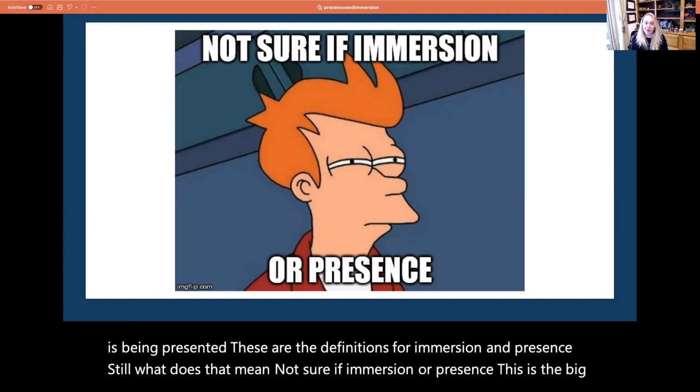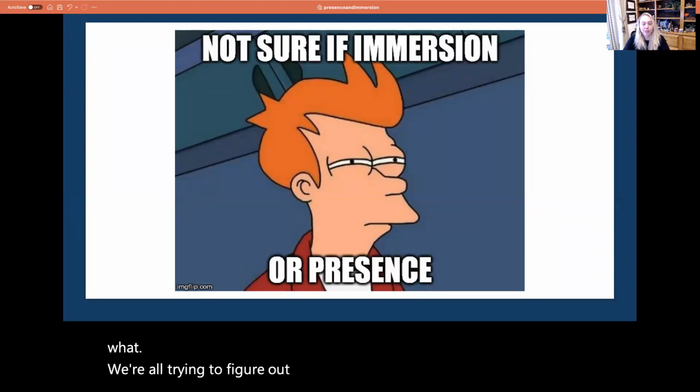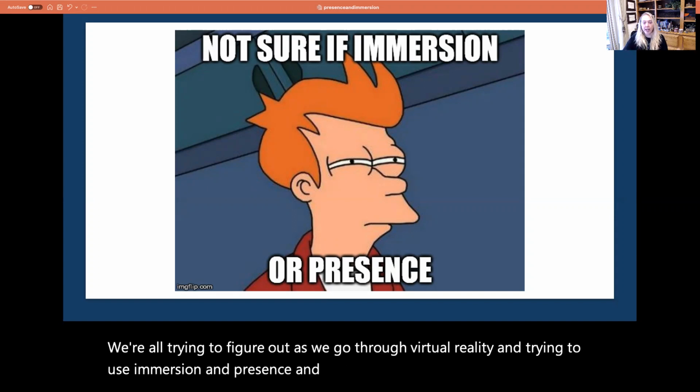And you'll know when you go through your readings, that's what we're all trying to figure out as we go through virtual reality and try to create the experience of immersion and presence.